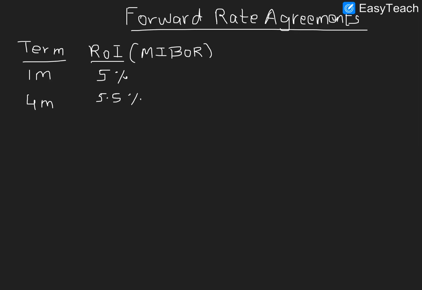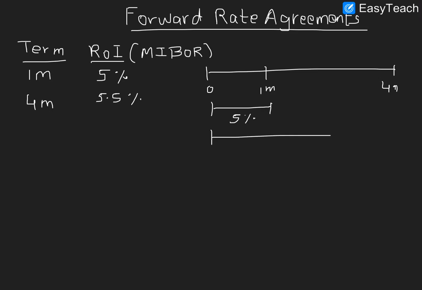If I draw a diagram, we are at 0, then it is 1 month, then it is the 4th month. So we have 0 to 1 month as 5%, and from 0 to 4 months, we have 5.5%.